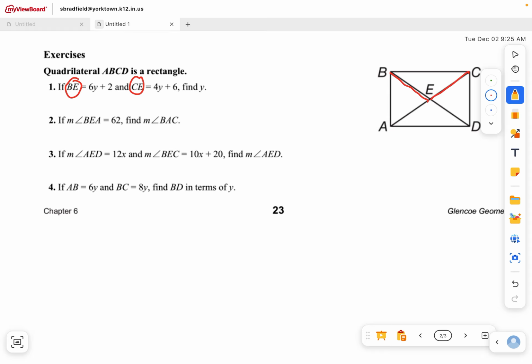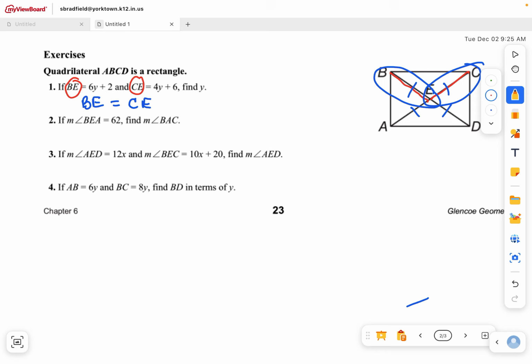And as we learned above, since the diagonals bisect each other and they're congruent, we had a bunch of congruent segments. So that means that BE and CE are congruent to each other. Therefore, BE is equal to CE.